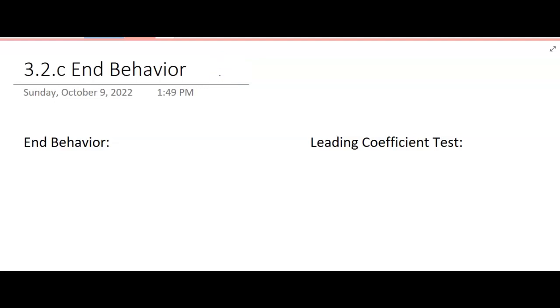So one thing we can determine on a polynomial function is what's called end behavior. Think of a polynomial that you know: f of x equals x squared. We know that graph, so it looks something like this, right? End behavior is what's happening at these arrows.